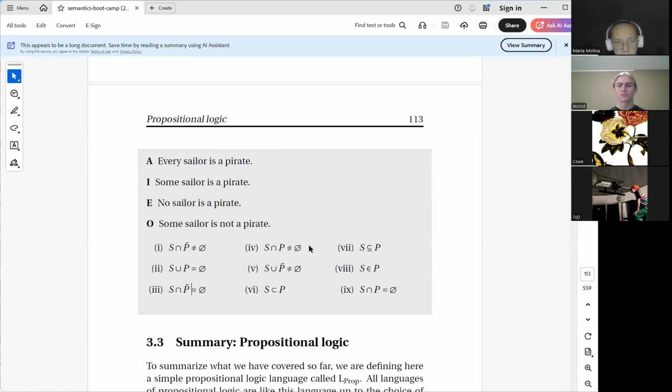We've got 1, right? The intersection between sailors and non-pirates is not empty. This is the equivalent of number 4. Can you see that?